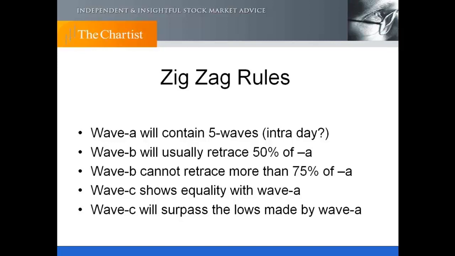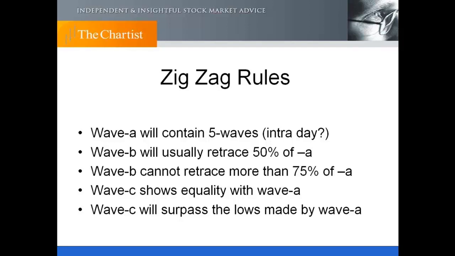Wave B will tend to retrace 50% of wave A, and wave B shouldn't retrace any more than 75% of wave A if it's to remain a zigzag. If we do go above 75% of wave A, chances are the pattern is morphing into something else, which we'll get to next. So for a zigzag to be in place, wave B cannot retrace more than 75% of wave A. Now remember, wave B is also a corrective wave, so wave B should always be 3 waves.